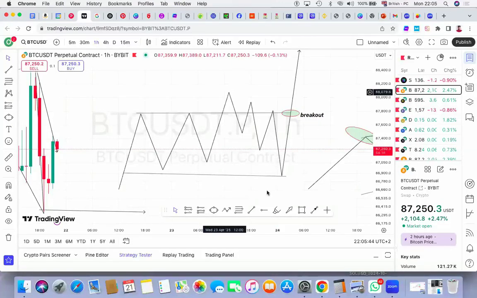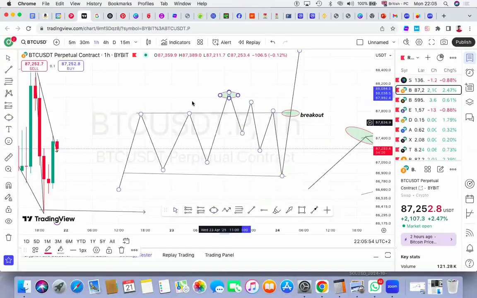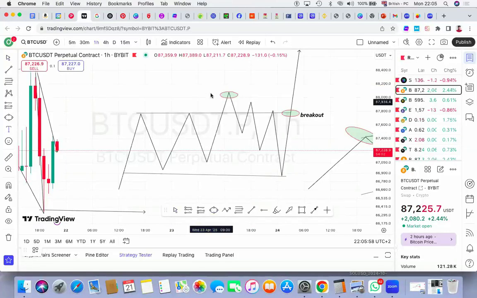And this here is what we call a fake out, because the market pretended that it was going to break there, but didn't. And it happens a lot in the market.